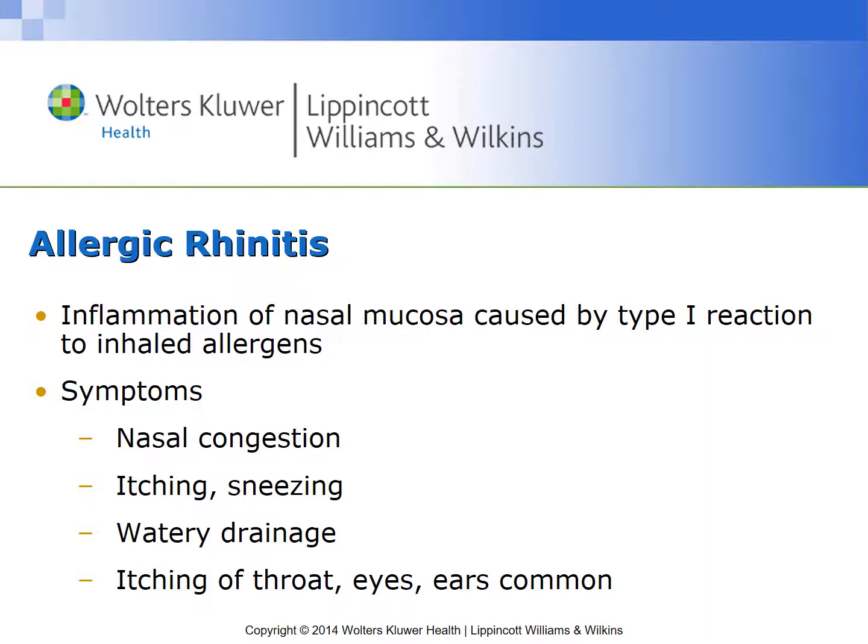Okay, so what goes on when we get an allergic reaction? These are some of your minor symptoms. Inflammation of the nasal mucosa because we've inhaled an allergen. And so we're going to see nasal congestion, itching, sneezing, watery drainage, and itching of the throat, eyes, and ears are common.